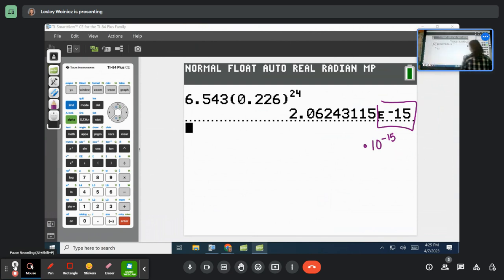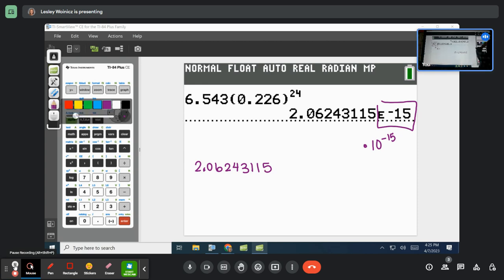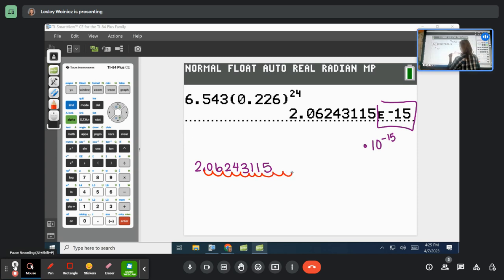So, if I have 2.06243115, what that means is that I have to move the decimal point over 15 places to the left. 1, 2, 3, 4, 5, 6, 7, 8, 9, 10, 11, 12, 13, 14, 15, 16.